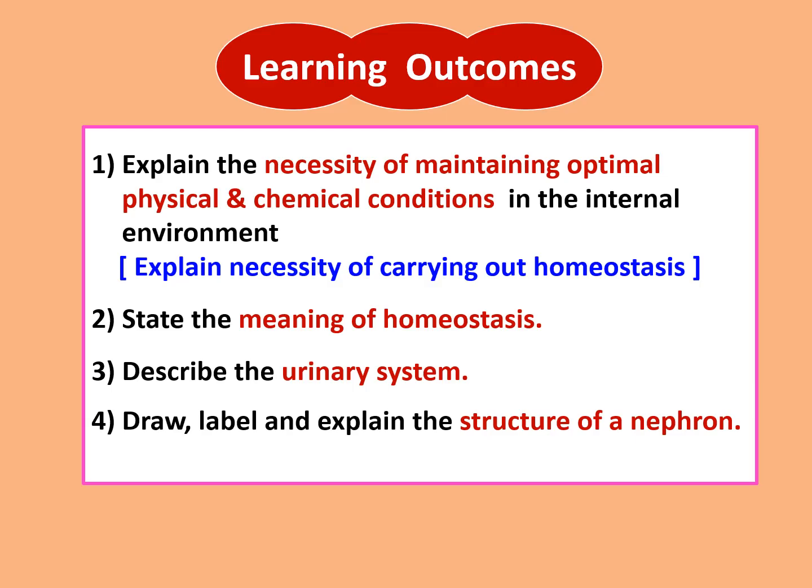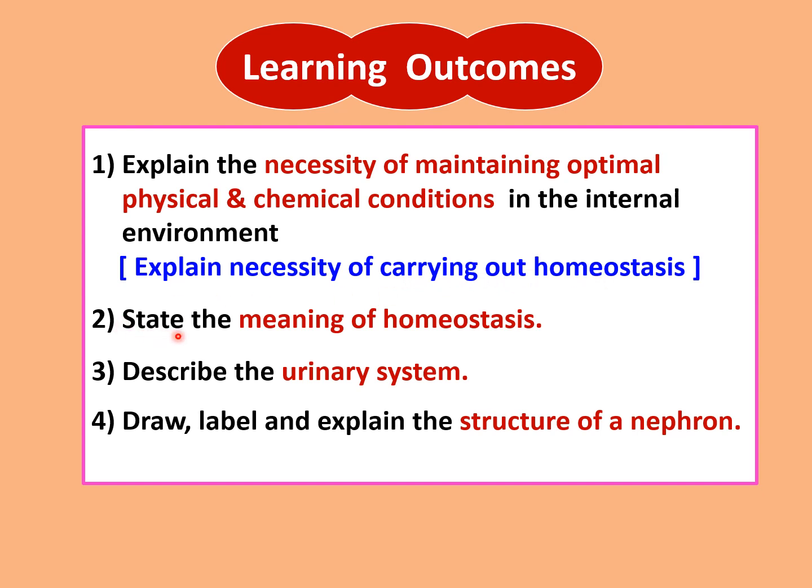The learning outcomes for today's video are as follows. Firstly, we should be able to explain the necessity of maintaining optimal physical and chemical conditions in the internal environment. Now, maintaining optimal physical and chemical conditions in the internal environment is homeostasis. So, another way to put it is explain the necessity of carrying out homeostasis.